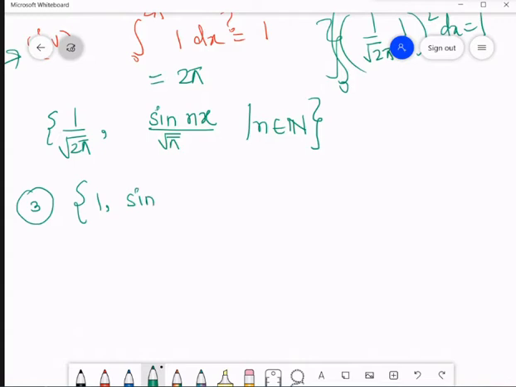Now the third one, with some more functions here. I'll have sine nx, and along with that, cos nx. The interval is again 0 to 2 pi.